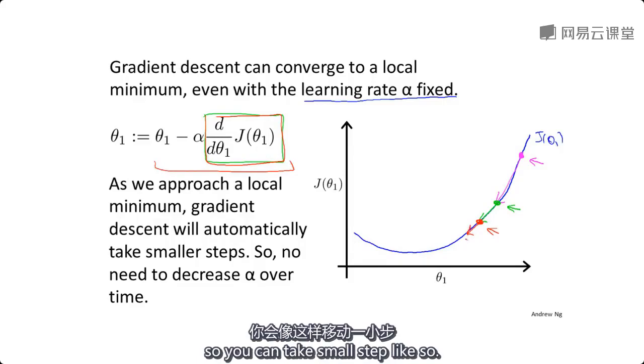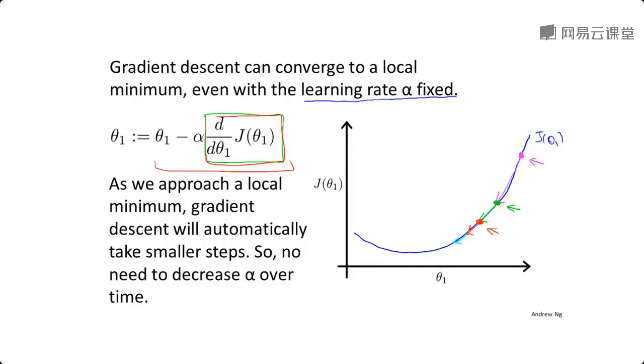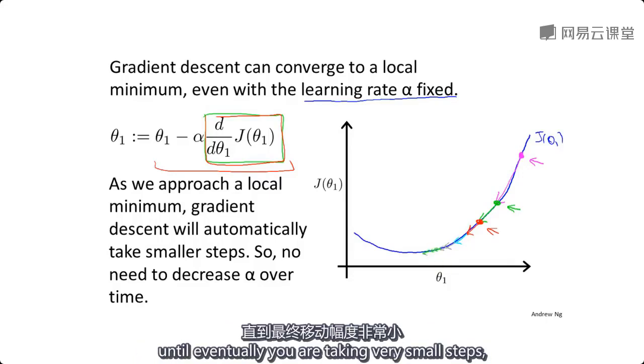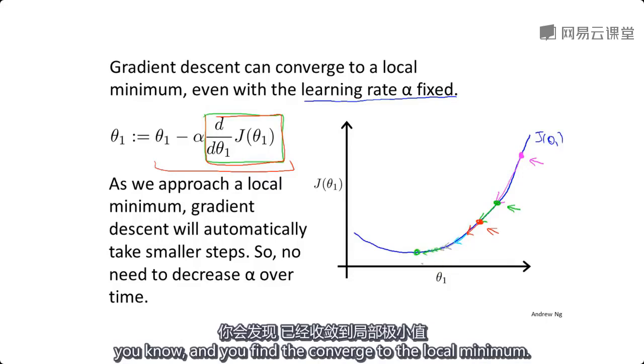So take a small step like so. As gradient descent runs, you will automatically take smaller and smaller steps until eventually you're taking very small steps, and you finally converge to the local minimum.